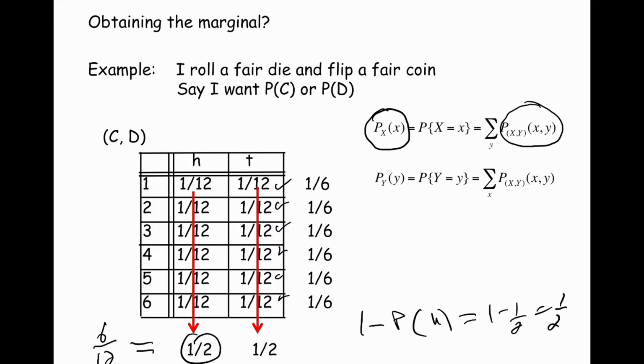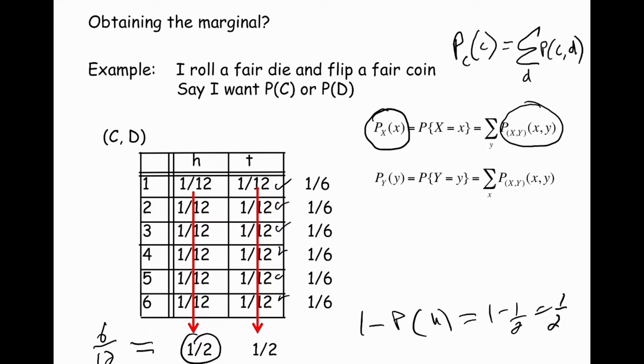In this particular case, we said the probability that the coin equals some value c is equal to the sum for all the die values d of the probability of coin, comma, die, right? That's exactly what we did visually in this table. Okay. Any questions? Does that make sense?